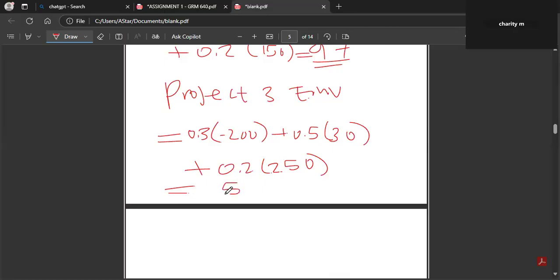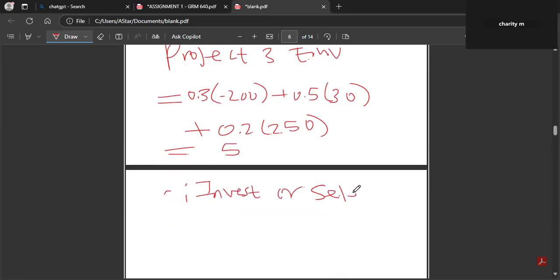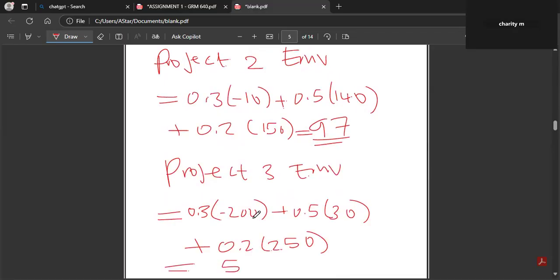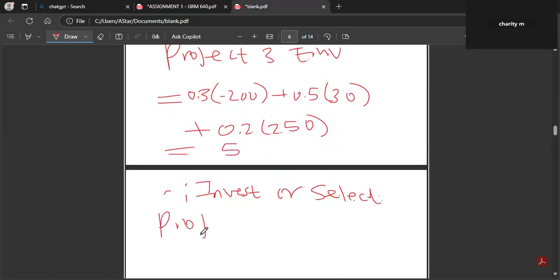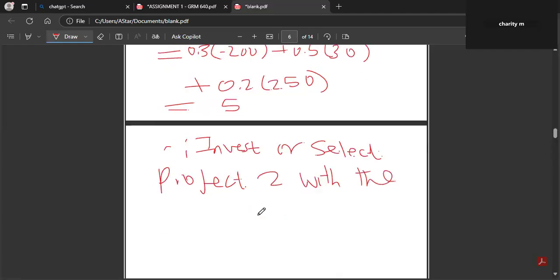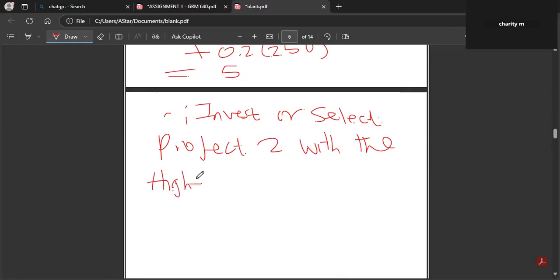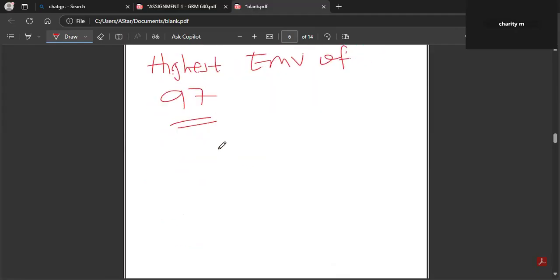The answer is 5. So therefore, select project 2 with the highest expected monetary value of 97. That is the final answer. Is that okay so far? Yes, it's clear. Thank you very much, madam.